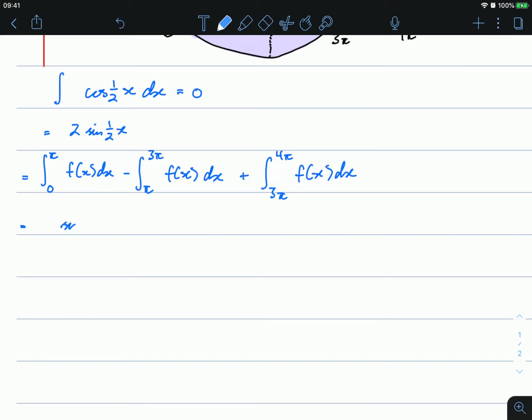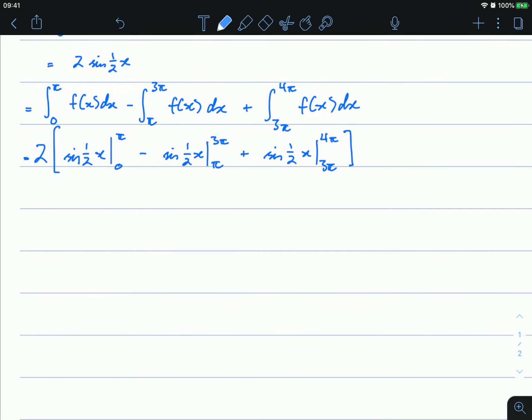This is going to be sine half x from 0 to pi. Now, rather than write 2 for all of them, I'm going to factor the 2 out first. So it's going to be 2 outside of sine of half x from 0 to pi minus sine of half x from pi to 3 pi plus sine of half x from 3 pi to 4 pi.